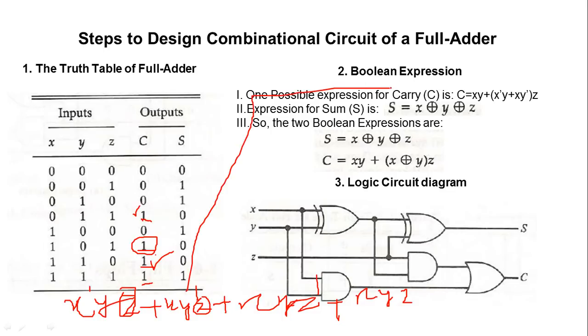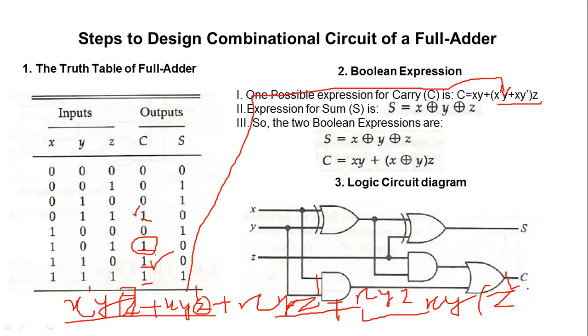So if you look here at this point, this term is representing the same thing, these two. Now what about this case, xy? Let's take xy common from here, and what I am getting here is z complement plus z.